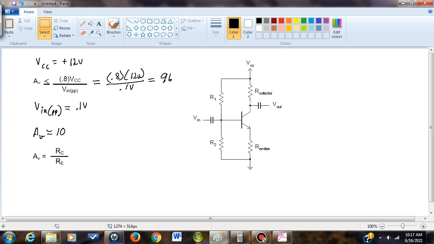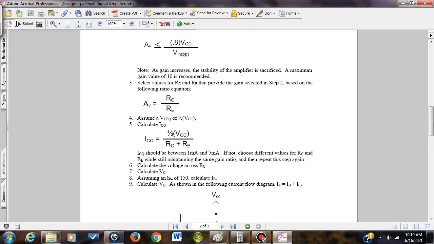We'll make the R emitter 1 kilo ohm. Therefore, in order to achieve a gain equal to 10, your RC value would have to be 10k ohm. Therefore we have a gain that's approximately 10. So from this equation, we can make the RC value 10 kilo ohms.